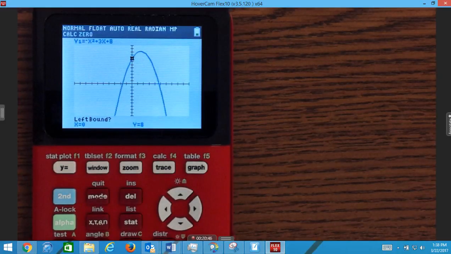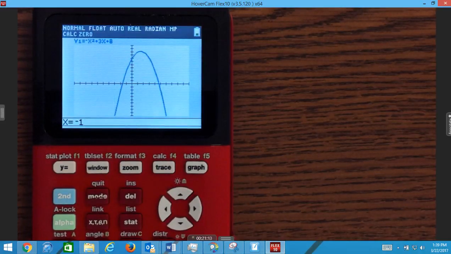So let's just choose the left x-intercept. What is something to the left of that x-intercept? -3. What's something to the right of that x-intercept? 0. So now we have a window that has only that x-intercept in it. What's approximately that x-intercept?